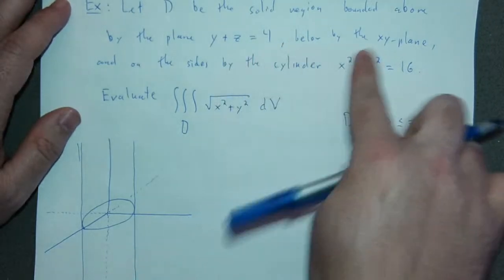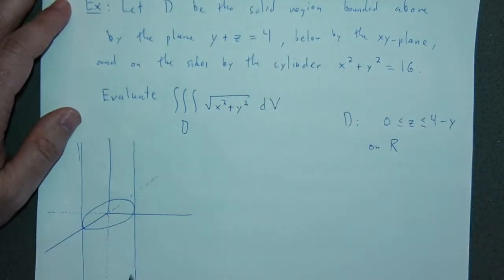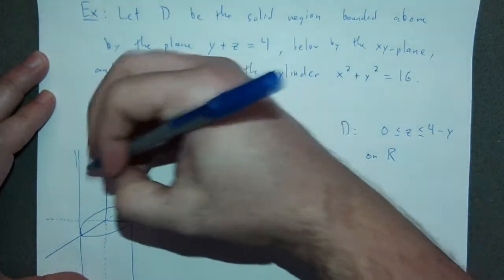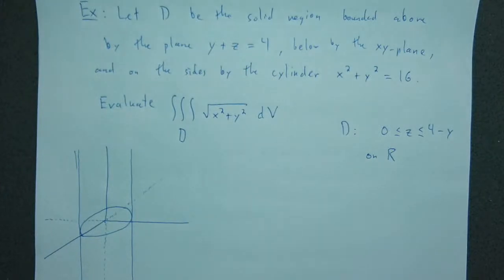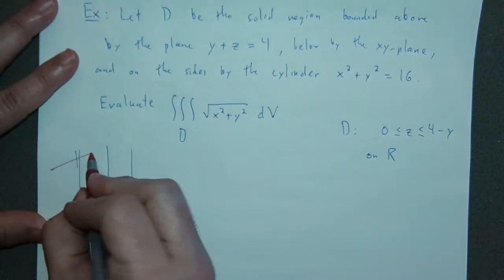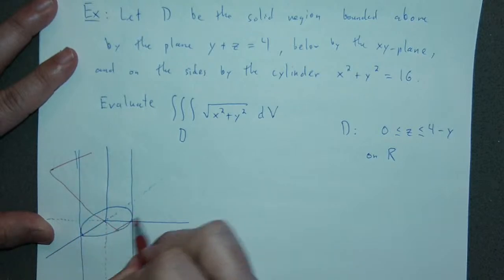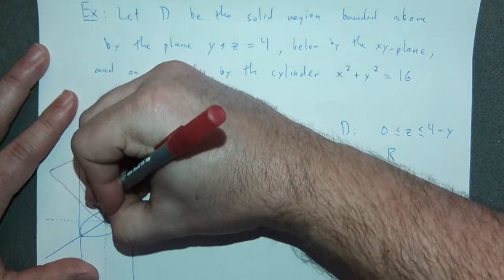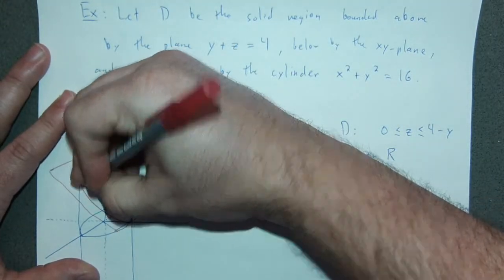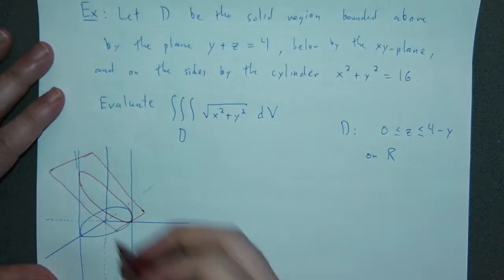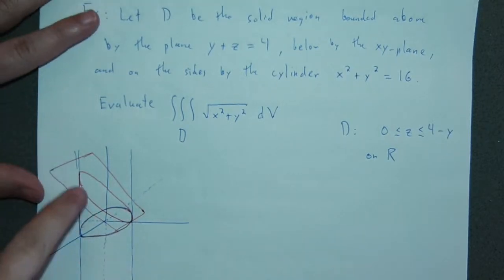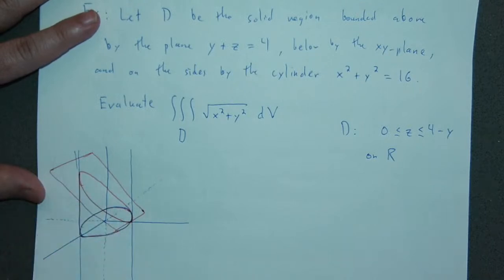Now it's bounded below by the xy plane. It's bounded above by this plane y plus z is equal to 4. So this plane is cutting across like this. This is kind of a bad picture, but what this does is it cuts out this elliptical shape off the top. And so the region D in question is this thing that I'm outlining here. This plane cuts off this piece of my cylinder.